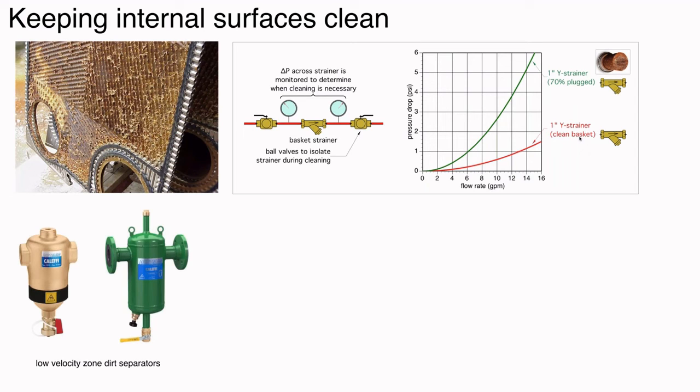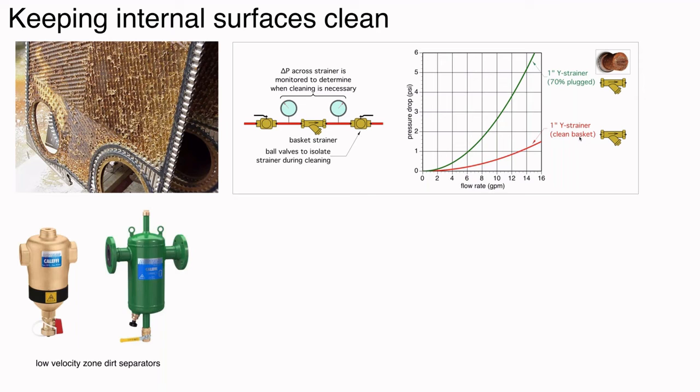Low velocity dirt separators don't have these characteristics. The flow stream and where the dirt accumulates are separated. The dirt settles to the bottom and it's not going to impede the flow stream. And these can be blown down without stopping the flow or isolating the separator. And again, they're available today as what I call standard dirt separators, low velocity zone dirt separators, or with magnets.